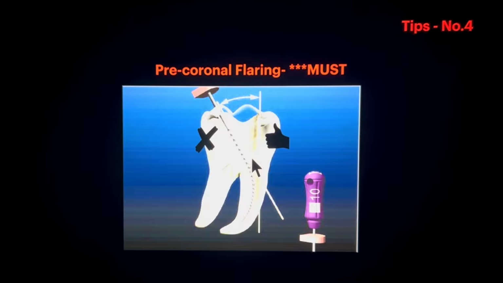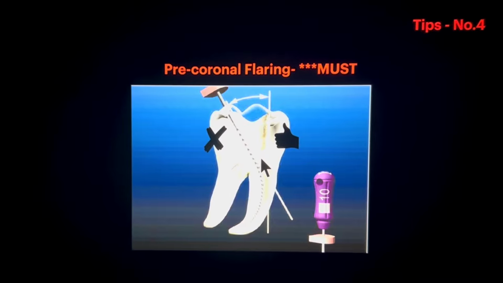So pre-coronal flaring, obviously in radix entomolaris cases in the distolingual root, minimizes the chances of fracture of the rotary files during your biomechanical or chemico-mechanical preparation. Pre-coronal flaring is the job of your orifice shaper, which will shape your orifice as well as give pre-coronal flaring. So do pre-coronal flaring in your radix entomolaris cases.